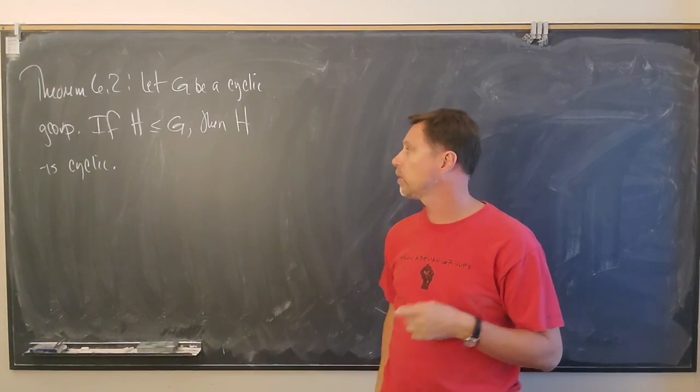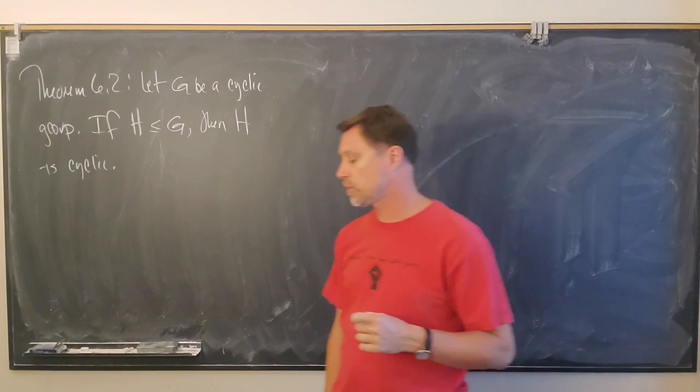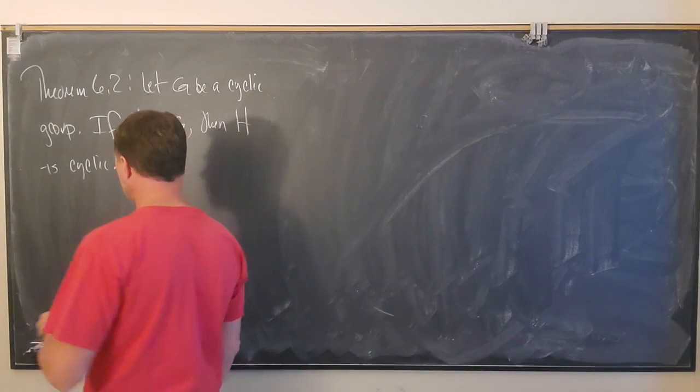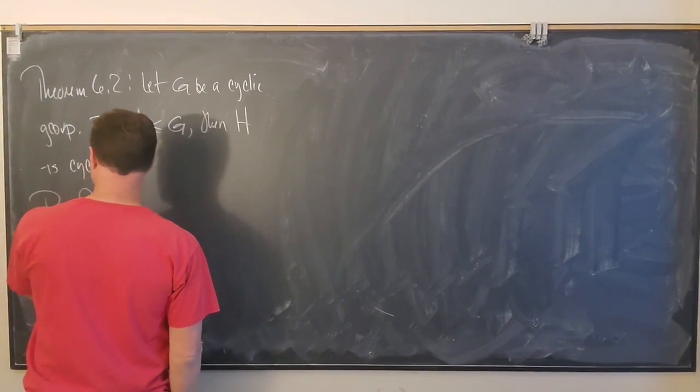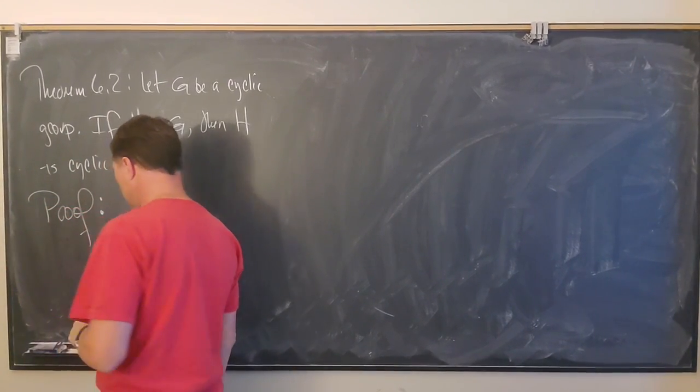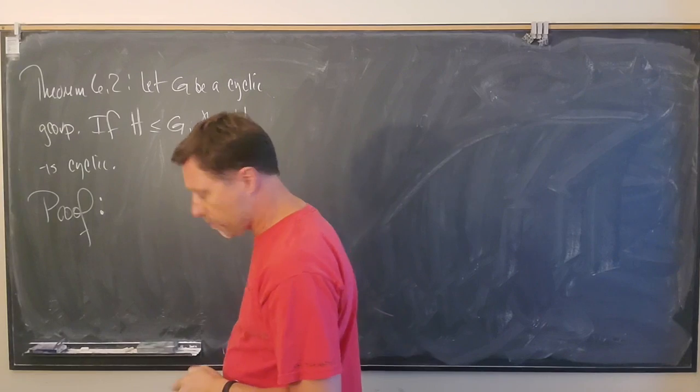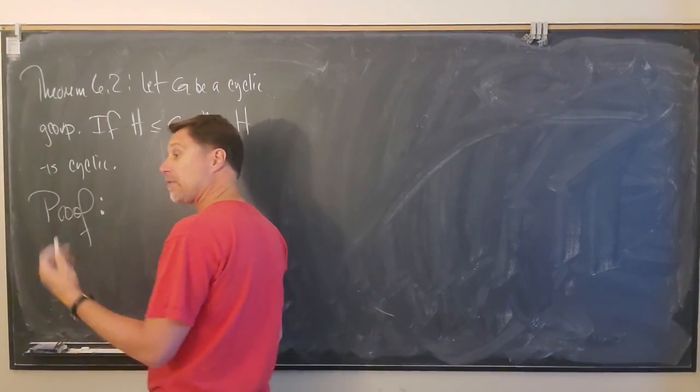So subgroups of cyclic groups are cyclic. And the proof is kind of fun. So let's see. G is cyclic, so it's got to have a generator.